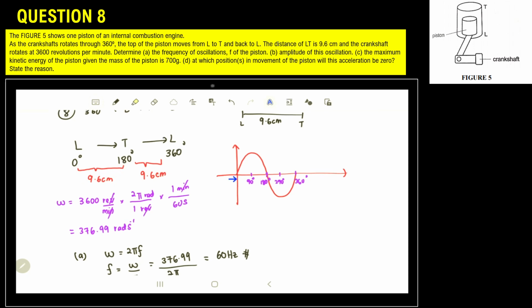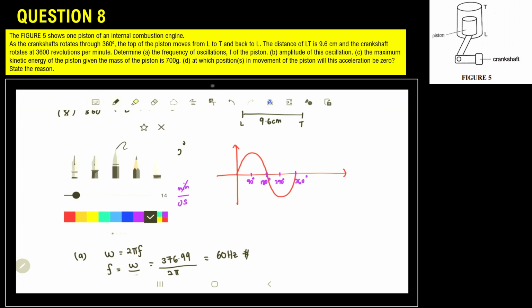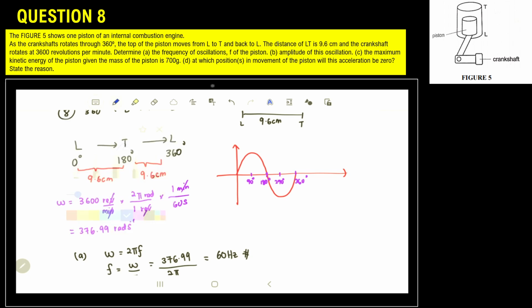Now if we want to find the amplitude here at 90 degree, we can calculate it using this information.